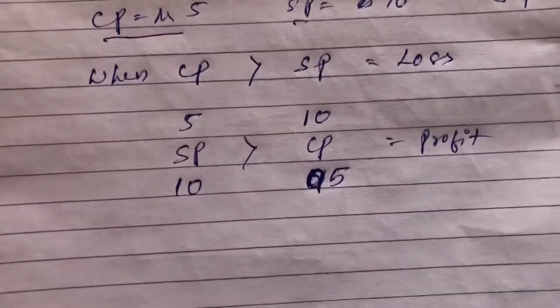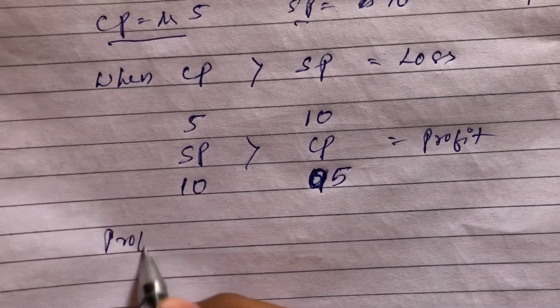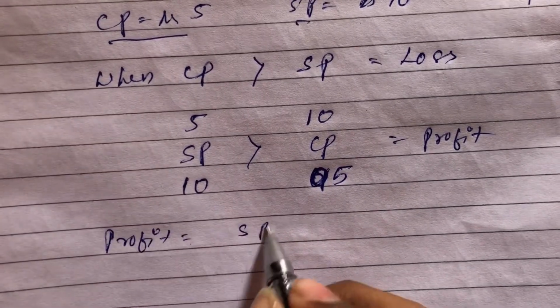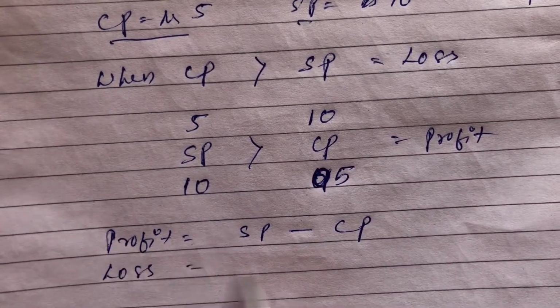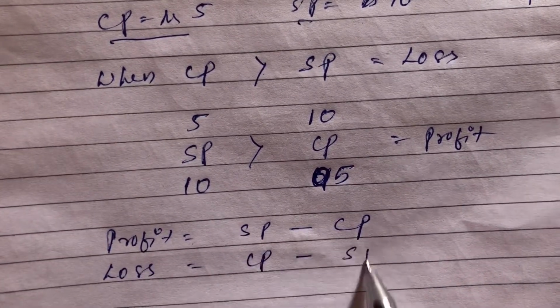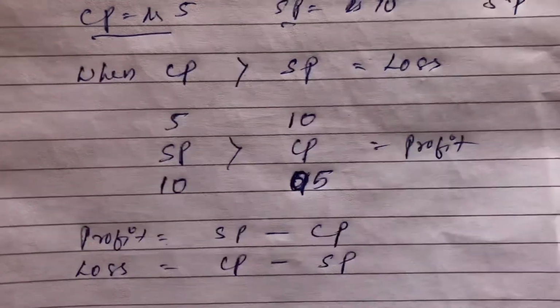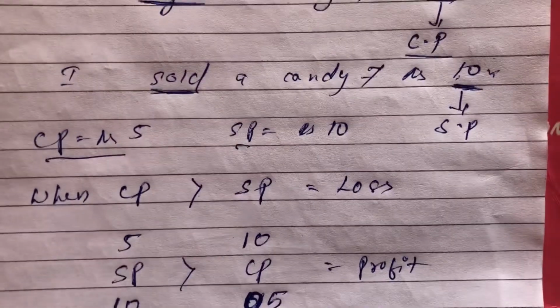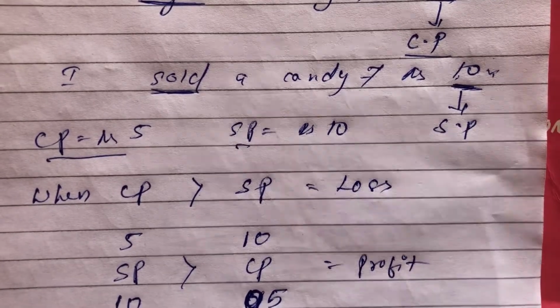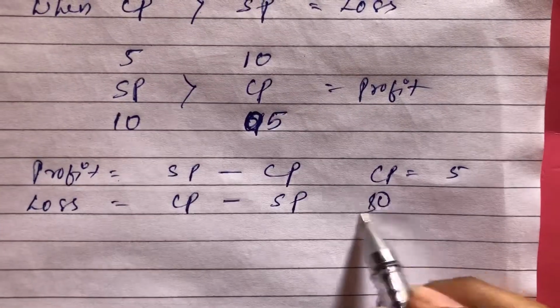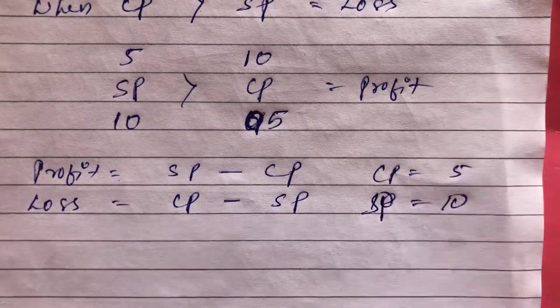So the formula for profit is equal to selling price minus cost price, and the formula for loss is equal to cost price minus selling price. In the previous case, the candy, cost price is rupees 5 and selling price is rupees 10.